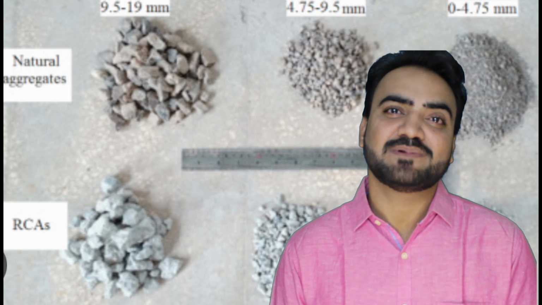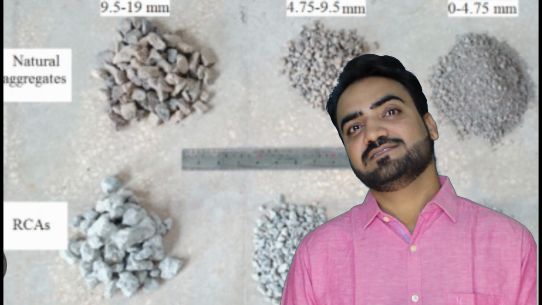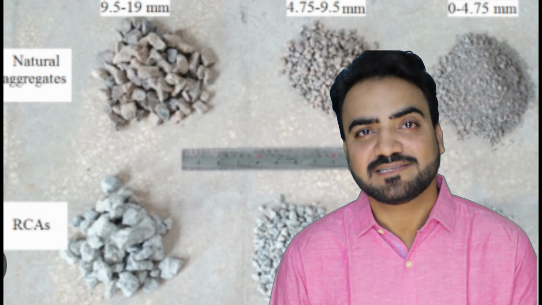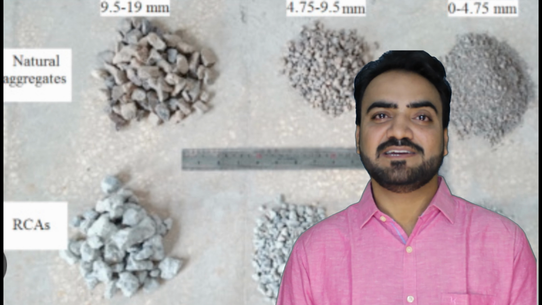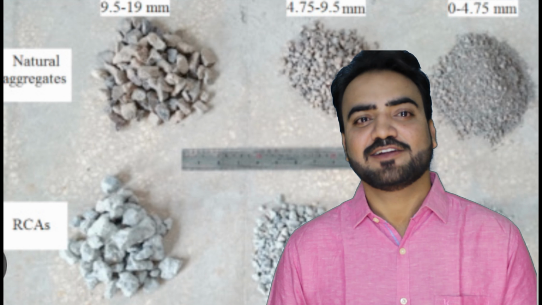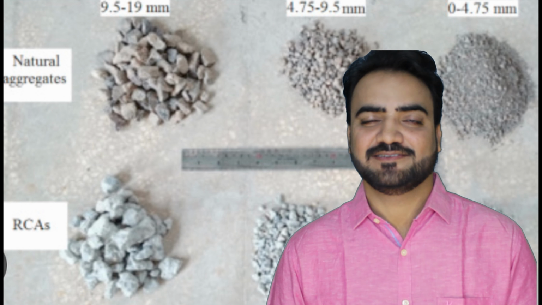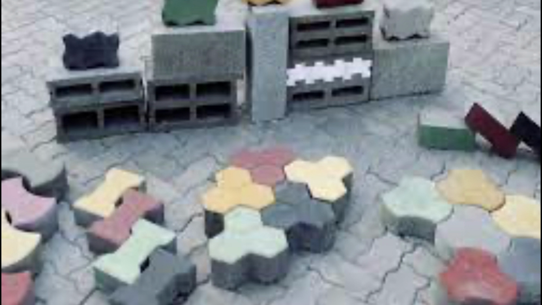So there is a certain percentage of recycled aggregate which comes out from the C&D waste, where the recycled aggregate and recycled concrete aggregate can be used in PCC and RCC. Also the use of pavers made of recycled aggregate of C&D waste.